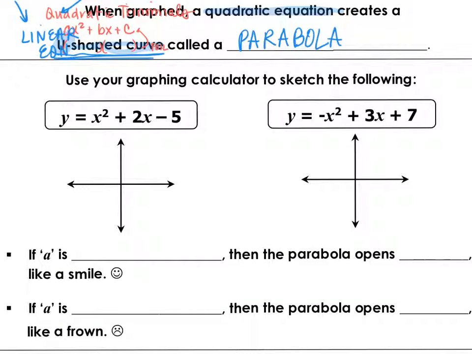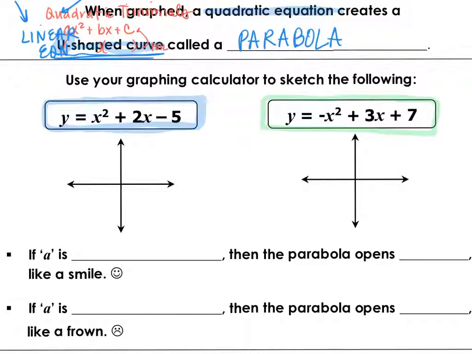Now take it to Desmos real quick. You can pause the video and take it to Desmos to draw a quick sketch of y equals x squared plus 2x minus 5, and then draw a quick sketch of y equals negative x squared plus 3x plus 7. So go ahead and pause the video and graph these two quadratic equations. Do that now.